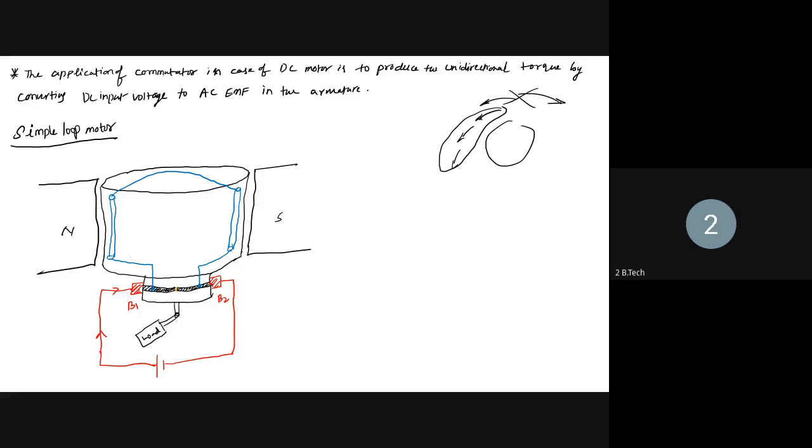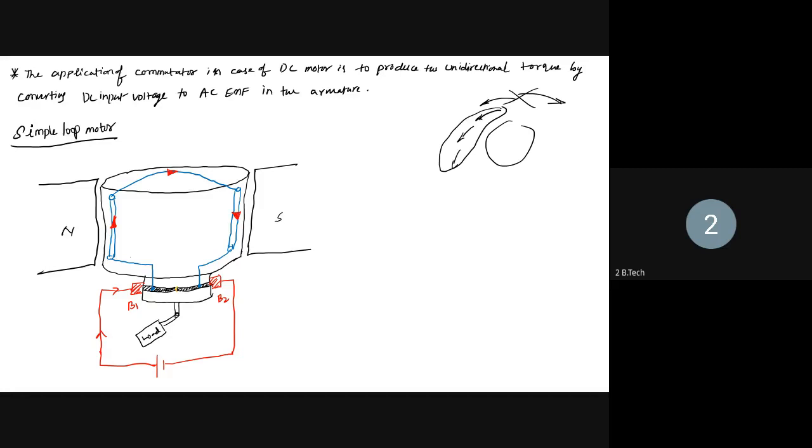The current will enter the commutator segment and flow in this direction, whereas here it will flow in this direction, and here also in the same direction.